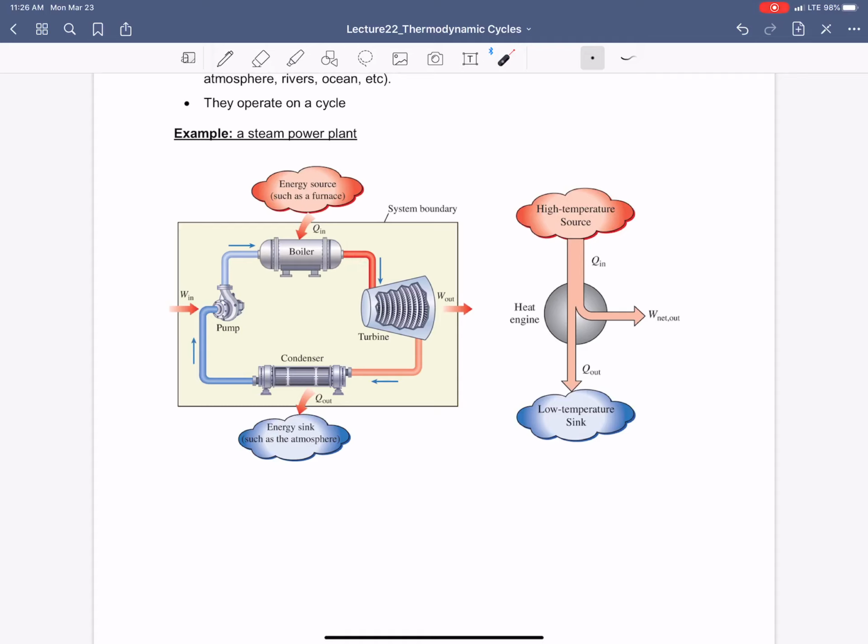So at the exit of the boiler, we have steam where the pressure is already very high, thanks to the pump, and the temperature is also very high because of heat transfer into the boiler from the heat source.